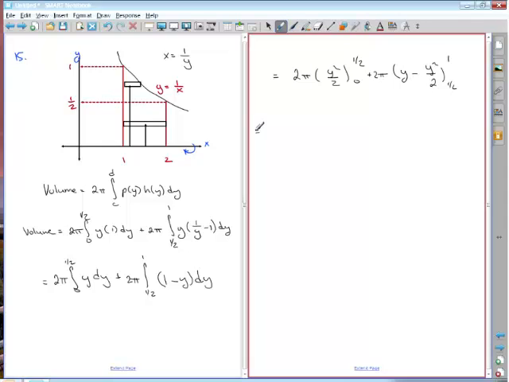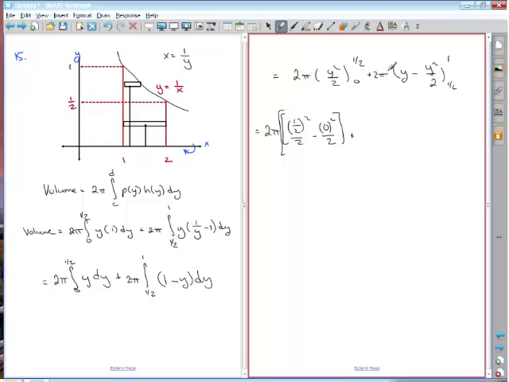I'm going to factor out the 2 pi, so just do that one time. So we'll get 1/2 squared divided by 2 minus 0 squared divided by 2. And let me put a bracket around the outside. So this is this term.